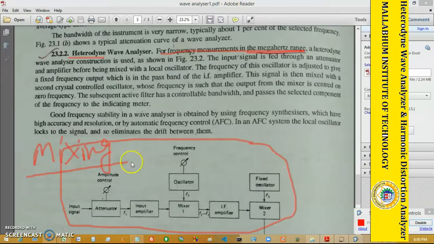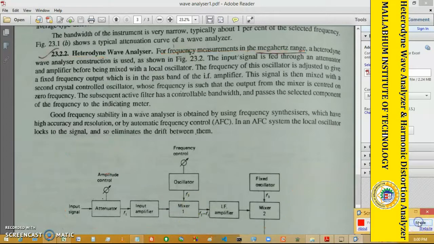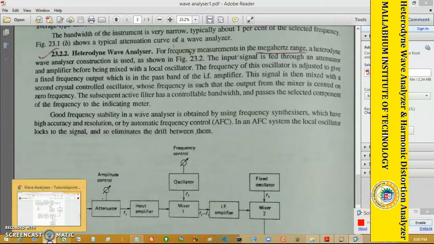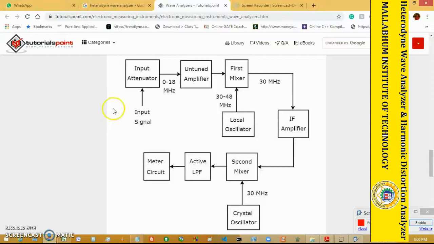Now in the case of the heterodyne wave analyzer, there is a very simple block diagram. You can refer to this website; I am extracting the information from that website for a better, easier understanding. This is the attenuator.